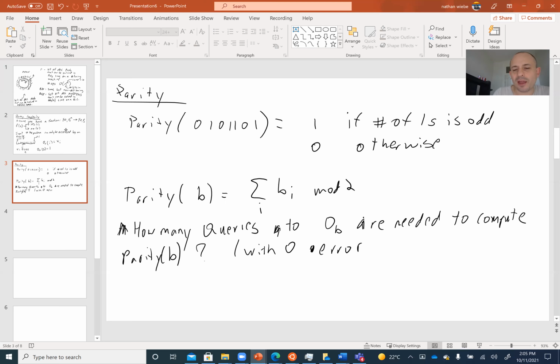So we demand that for every single input that the algorithm will compute the precise parity without fail. Okay, so let's actually figure this out.